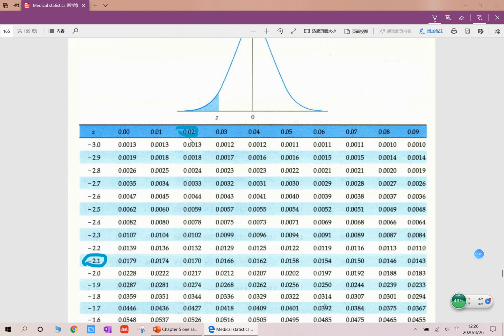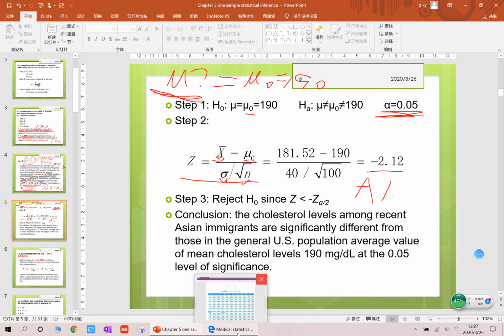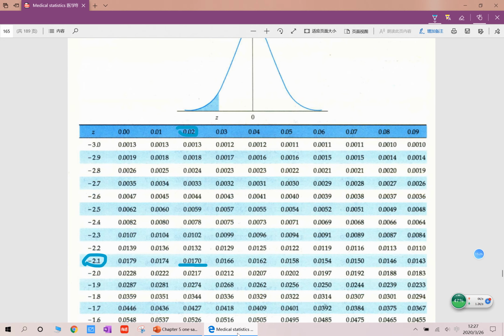It's here, right? And in the cross position, this number 0.0170, this number is the corresponding probability with the z value of negative 2.12. So we find that the probability is 0.017. This number is less than 0.05, right?